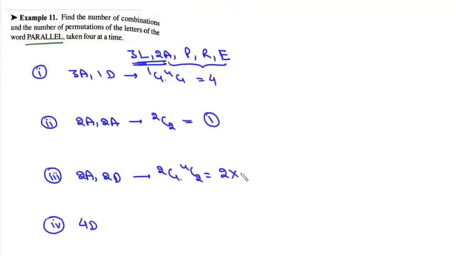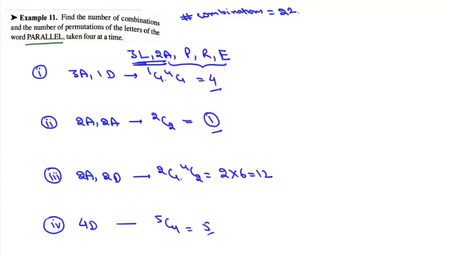So there will be 2 times 6, which is 12, and all 4 distinct will be 5C4, which is 5. So the total number of combinations is 4 plus 1 is 5, 5 plus 5 is 10, 10 plus 12 is simply 22.